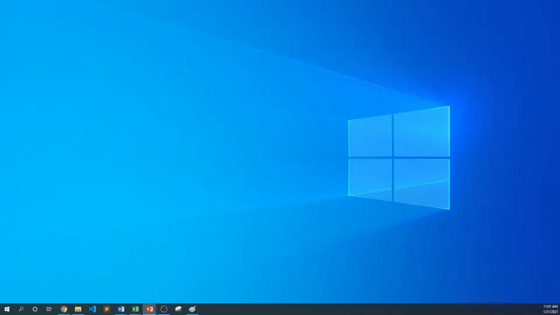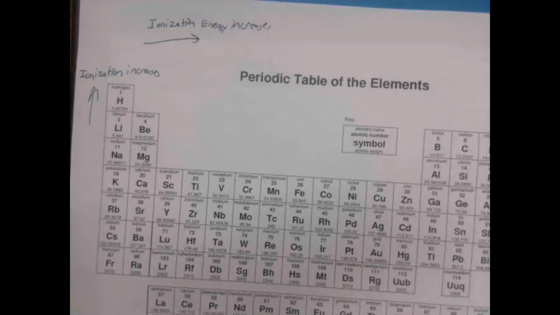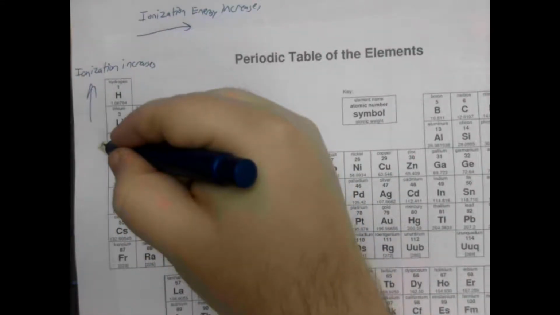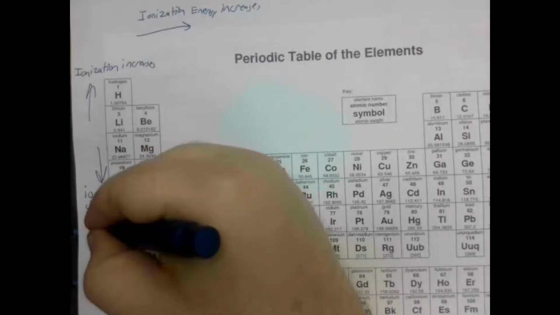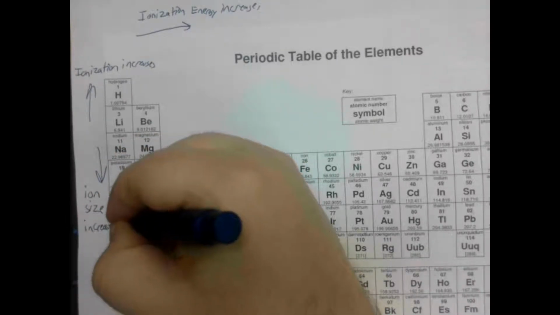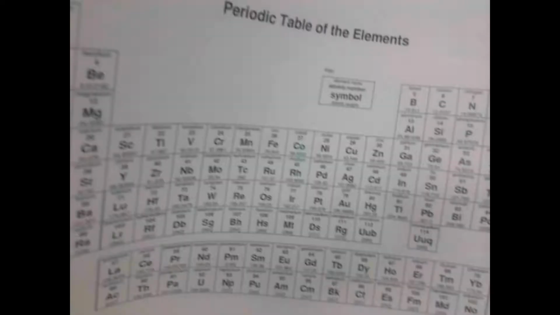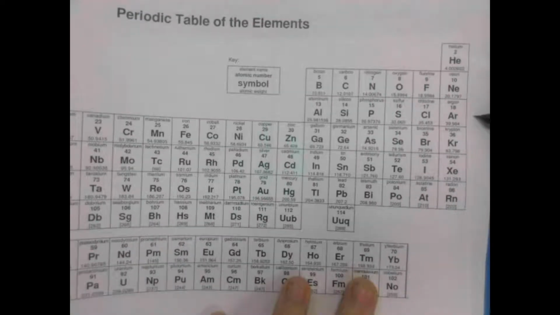So as we go down, ion size increases, and this works on both the left and the right side.